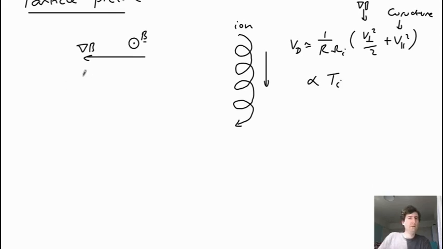And now if you imagine having a perturbation, where we start out with flux surfaces like this, and then we have a perturbation which pushes flux surfaces out and inwards, and so we end up with contours of constant temperature looking a bit like this. And so now if we look here in the vertical direction where the drift is, so here we have high temperature, and this is low temperature here.